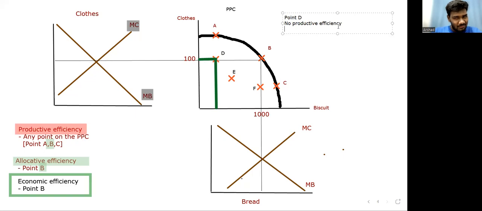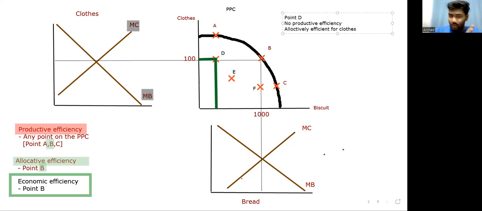Or can you say that to some extent they have? Let's see. Only for one good. For which good are they allocatively efficient at point D? That means they're producing the proper quantity the society wants. For clothes, right? They are allocatively efficient for clothes. Is that clear, guys?